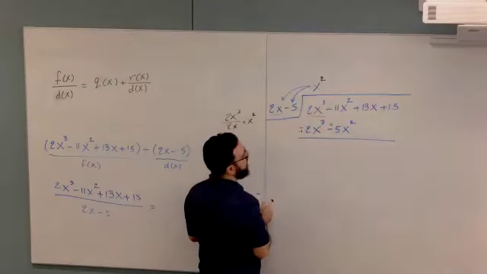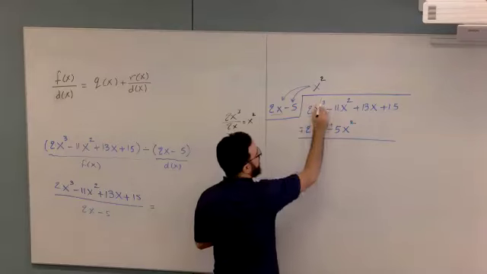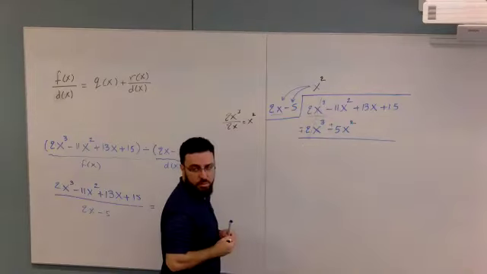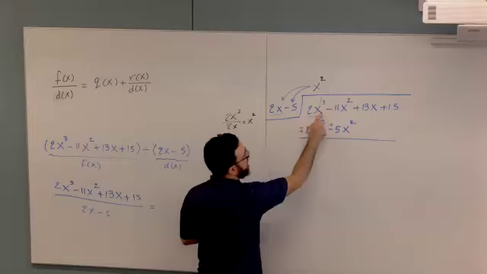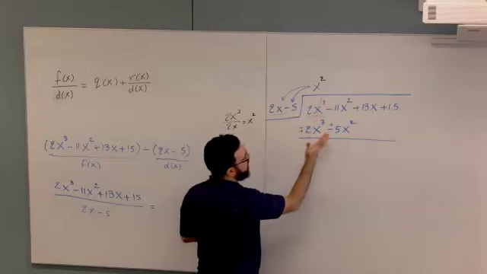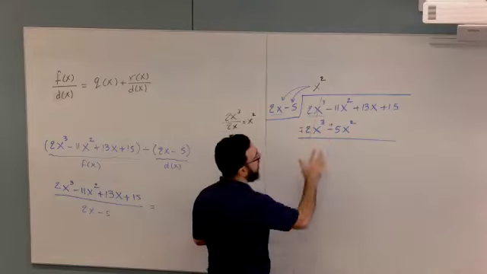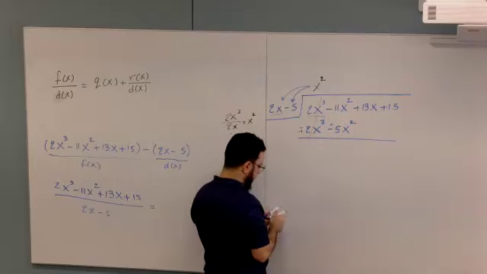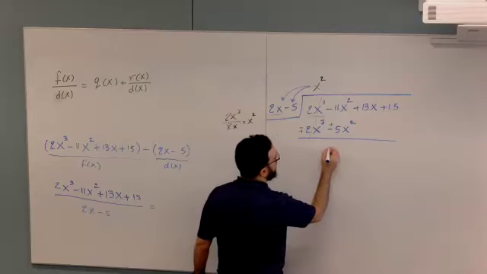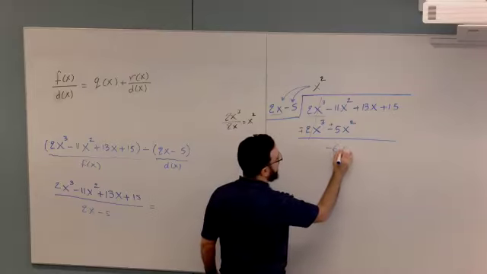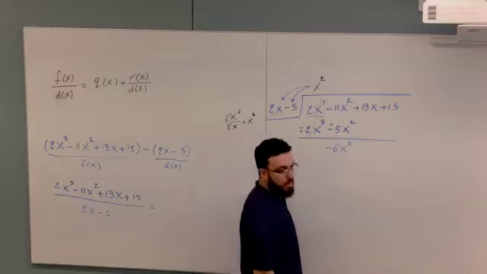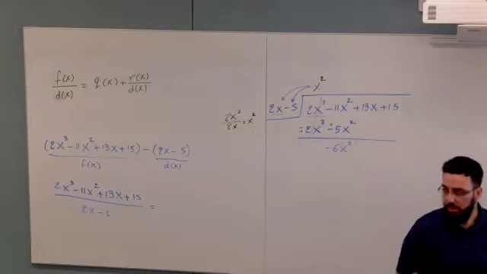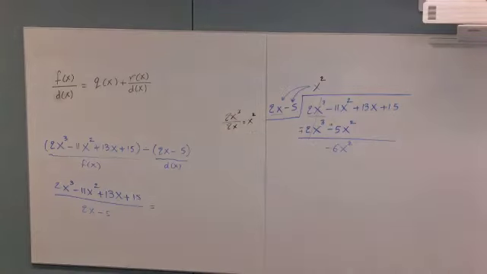For this term, what's going to happen? It'll cancel, because 2x cubed minus 2x cubed, gone, 0. And this one, negative 11 plus 5 is going to be negative 6x squared. Okay, so far?